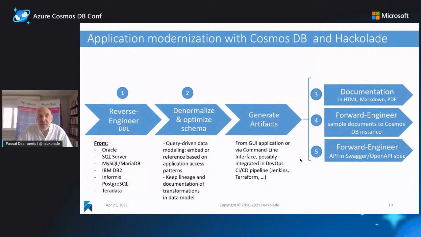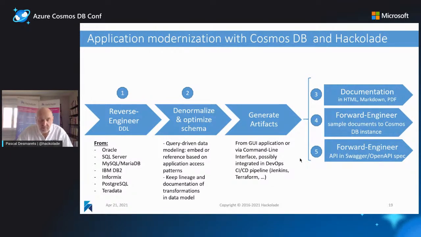And through a process of importing the DDL of that structure, applying the principles of denormalization, as we've seen, to embed data based on the analysis of the access patterns and queries, we come up with a schema design that is optimized for Cosmos DB.